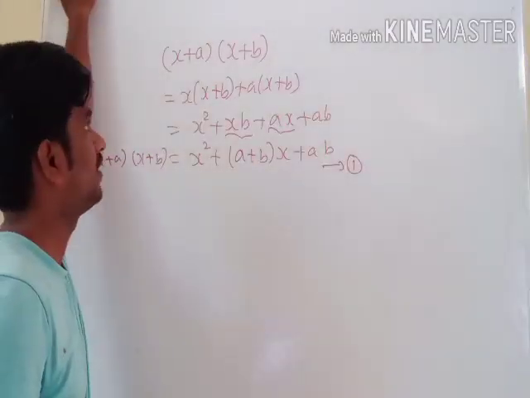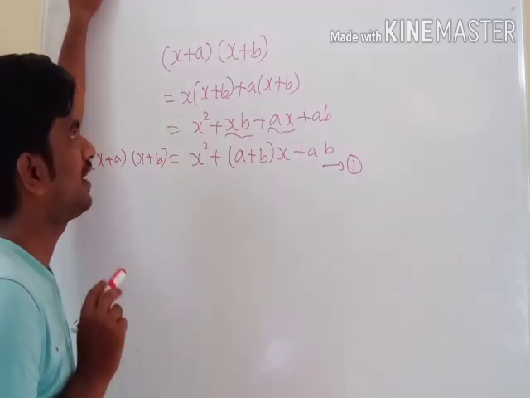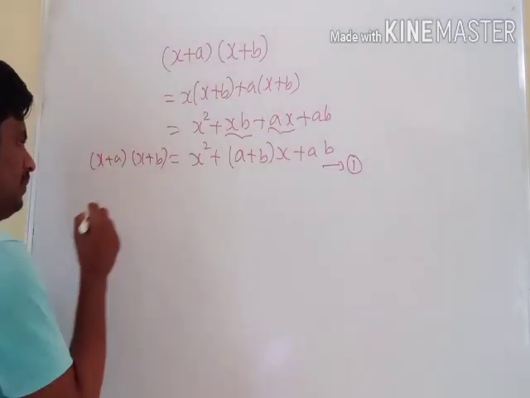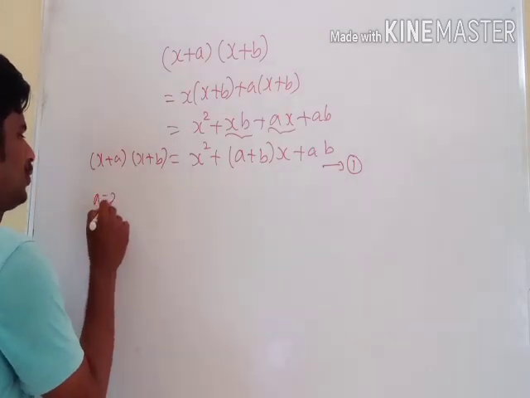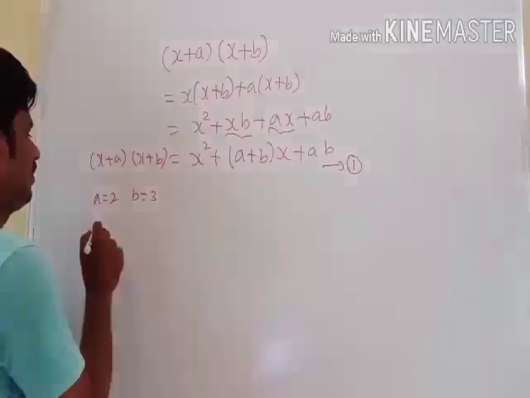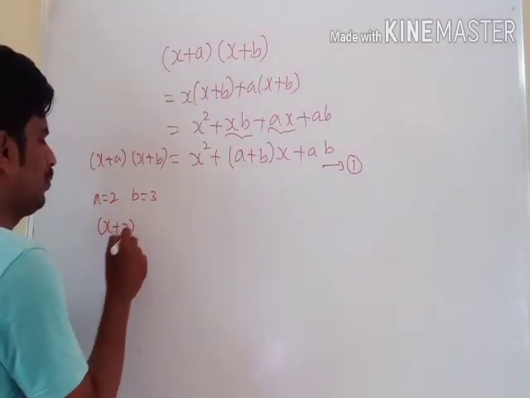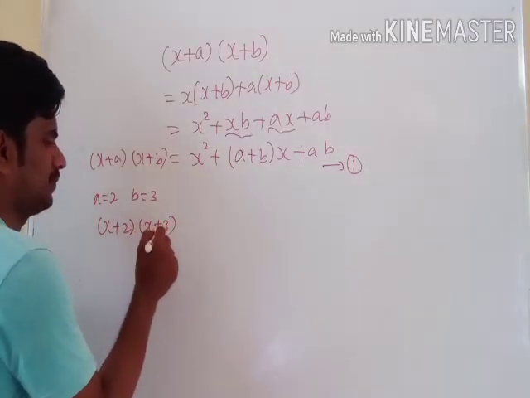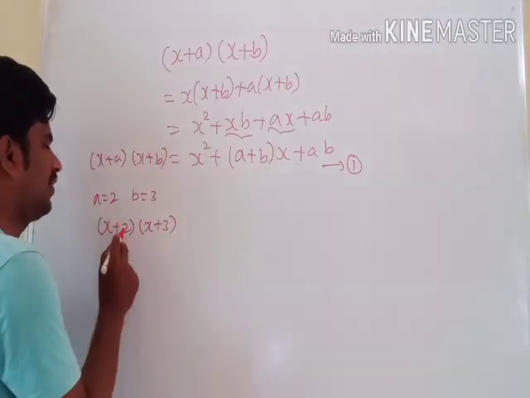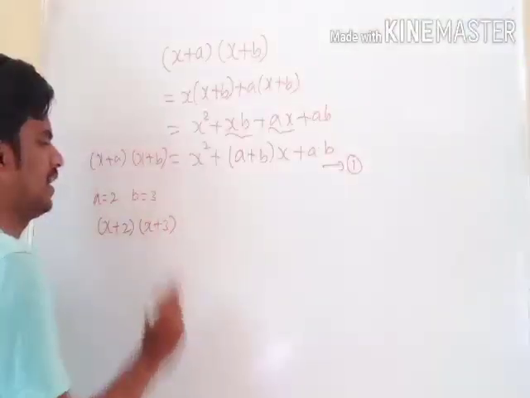In case I give different values for a and b. See, for example, I will take a equals 2 and b equals 3. Then what happens? So this will become (x plus 2) into (x plus 3), because in the place of a we have taken 2 and in the place of b we have taken 3.